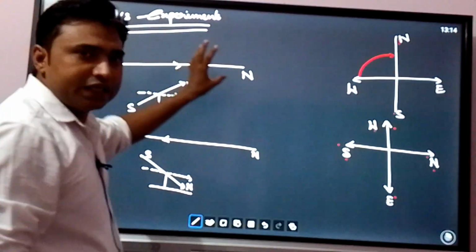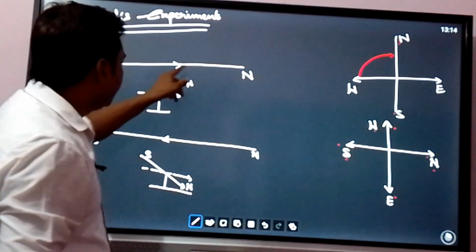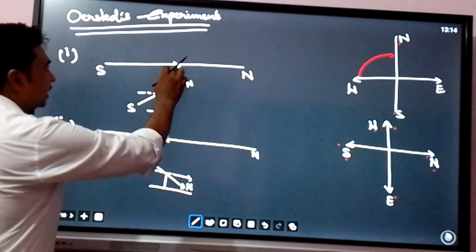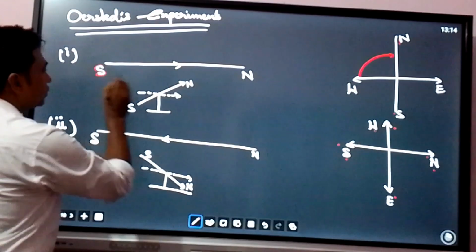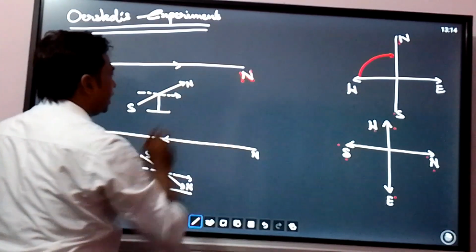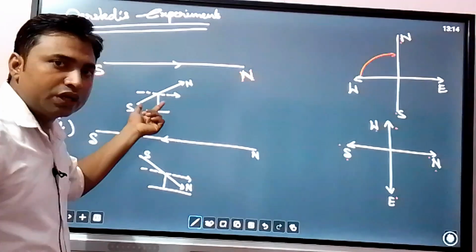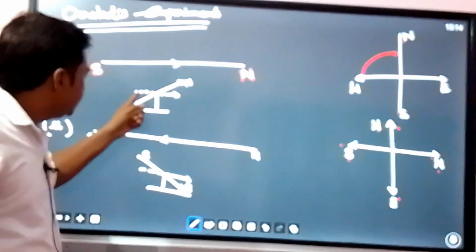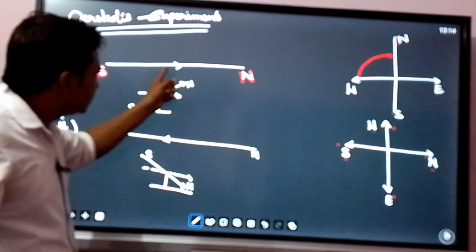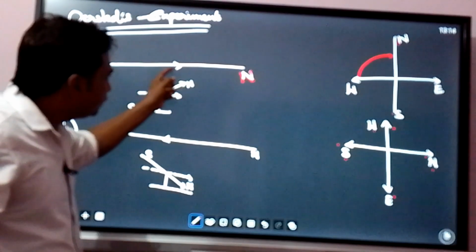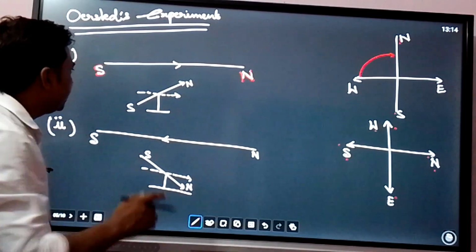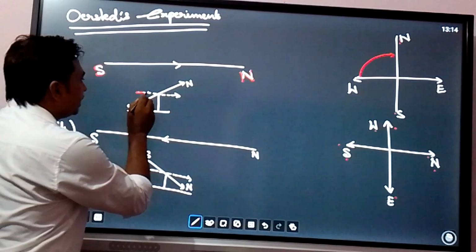So what Oersted did is that he took a wire, and in this wire an electric current is flowing from south to north direction. Okay, and below this wire a magnetic needle is put, and generally when the current does not flow through this wire, this magnetic needle always lies in this direction.